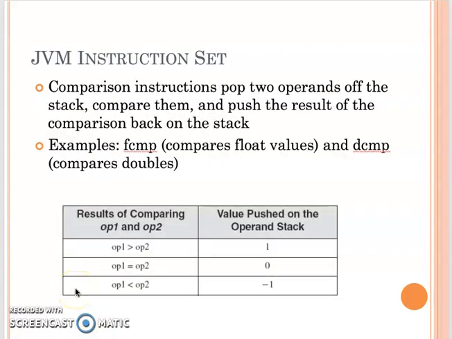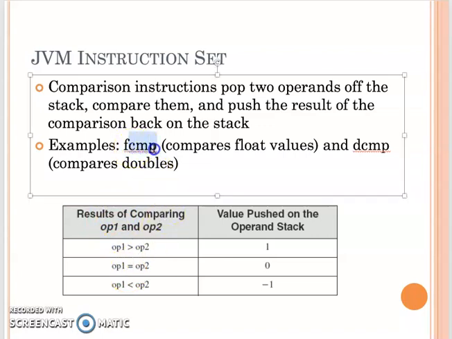Since we talk about Java bytecode, for the sample example, they do have the compare operator. You see comp, you have fcomp or dcomp, depending on whether you compare floating values or double values.